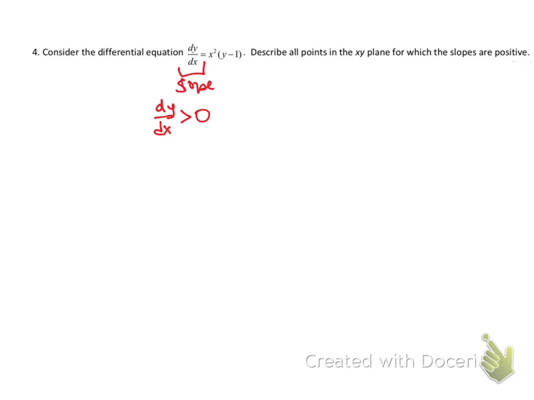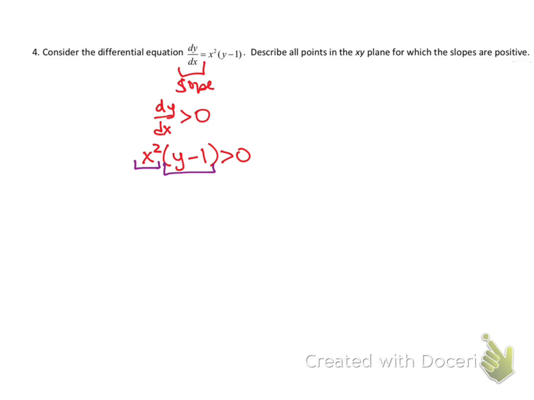And so we're trying to figure out when is x squared times y minus 1 greater than 0. And we have 2 parts to this question. The first part that we have is this x squared. The second part we have is y minus 1.